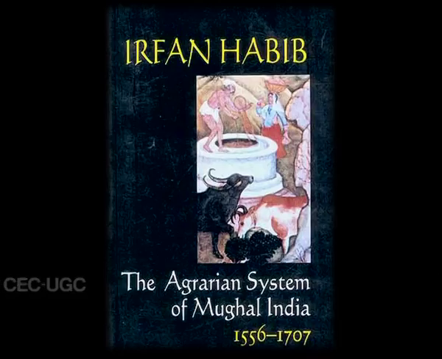Many people were forced to leave their villages and to take shelter in other areas. There were some rebellions also in many areas under Mughal rule. And Irfan Habib, in his study on agrarian history of Mughal India, has referred to many such instances.